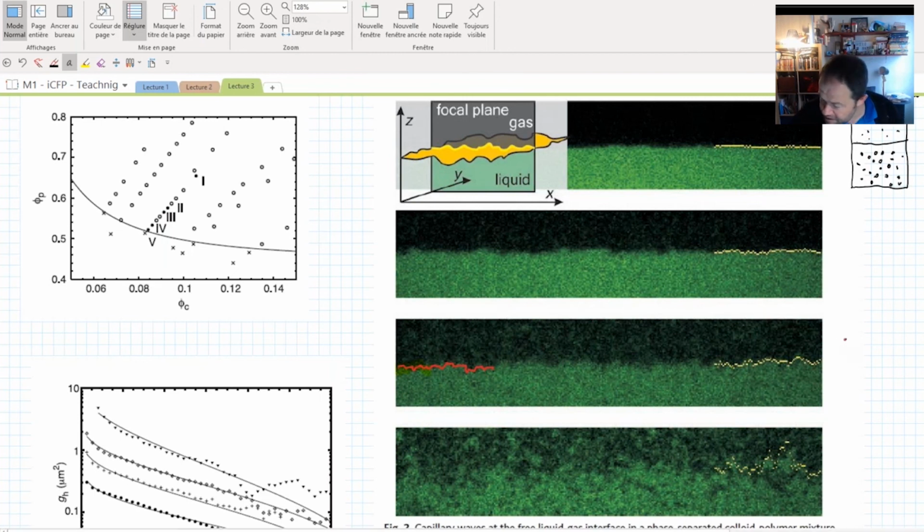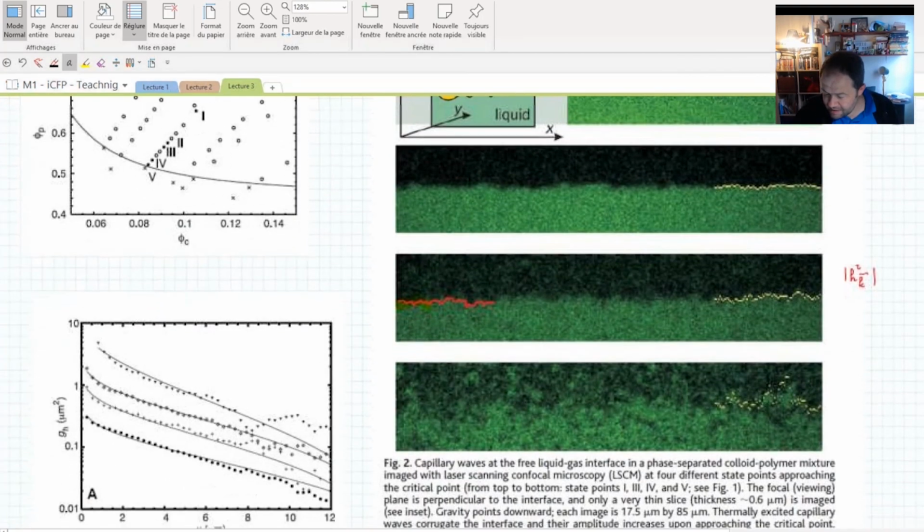They have measured h of q. Sorry, they have really measured the different amplitudes of the different modes that we have calculated before.